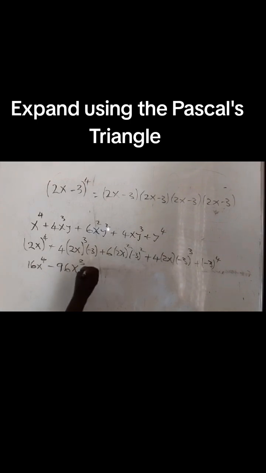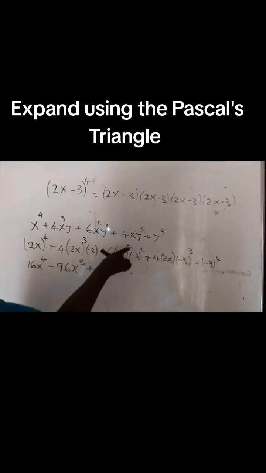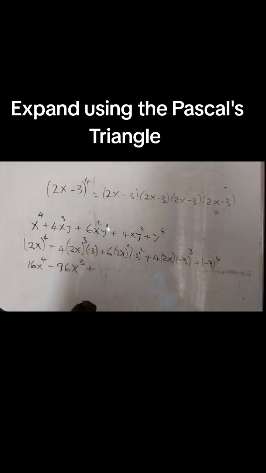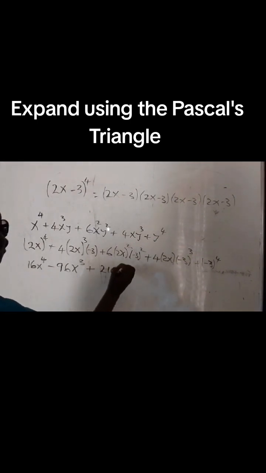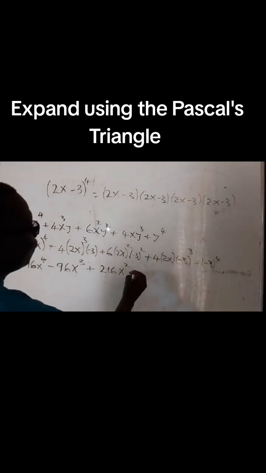Then plus (2x) squared is 4x squared, times 6 you get 24, and 24 times 9 you get 216x squared.